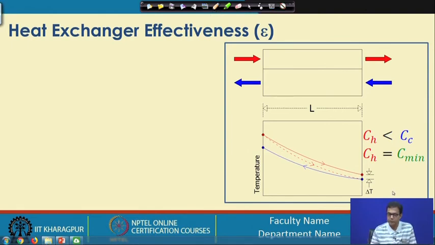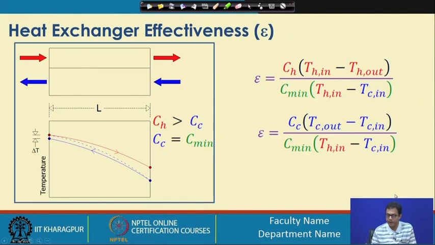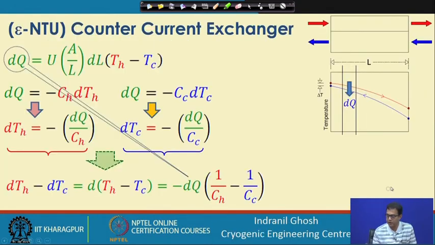an expression where we can try to relate this epsilon and the NTU. So, in an earlier discussion we have seen that in this heat exchanger we have taken a small elemental length dl, where we can write dq in terms of the overall heat transfer coefficient or conductance multiplied by the difference in temperature.